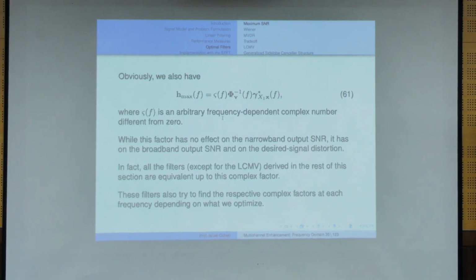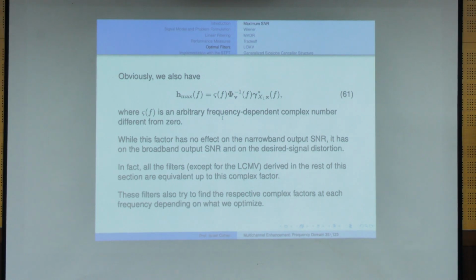But the broadband output SNR was different. So we were able to maximize the broadband output SNR. So here, because we work with multi-channel, multi-sensor, we can find a filter, a vector of length m for each frequency, such that it will maximize the output SNR.